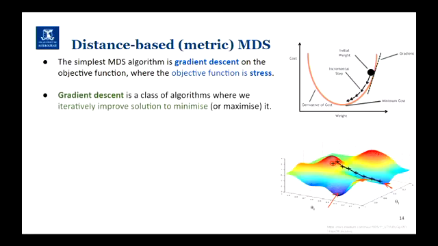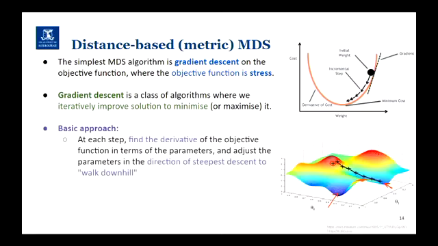Basically, gradient descent is a class of algorithms where we iteratively try to improve a solution to either minimize or maximize it. So the basic approach for gradient descent is, at a given step, we will find a derivative of the curve. You can think about this as our search space, where we have different values for our objective function. Ideally, I would like to get to a global minimum.